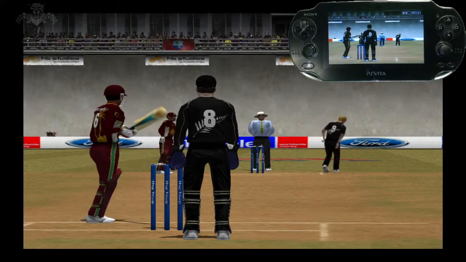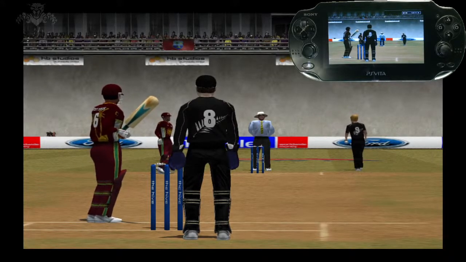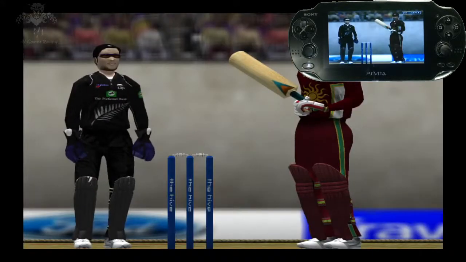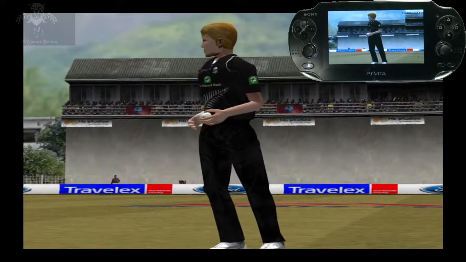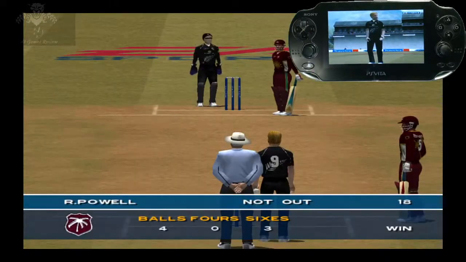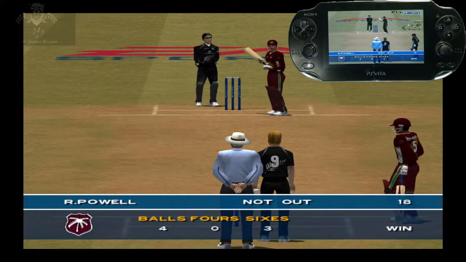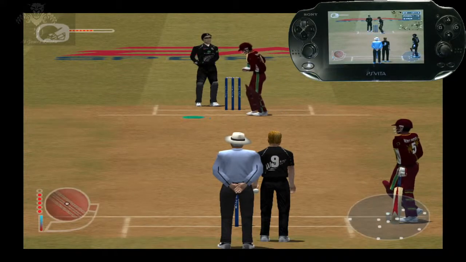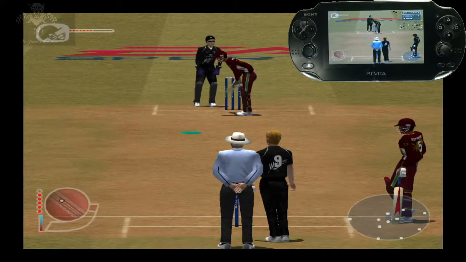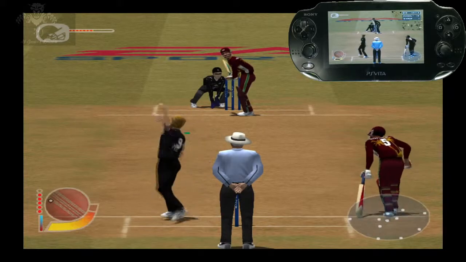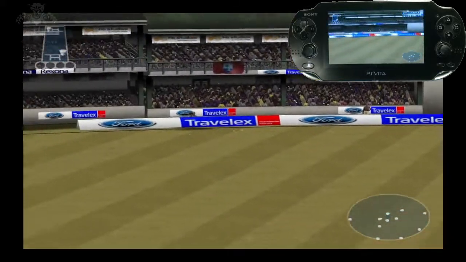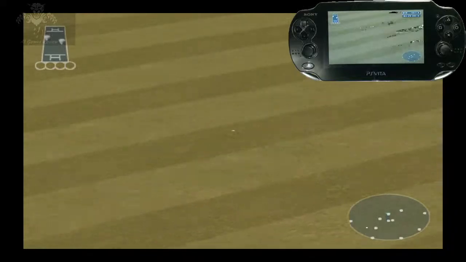The total is now 4 and 27. Vettori to bowl to Powell. Goes over the top.